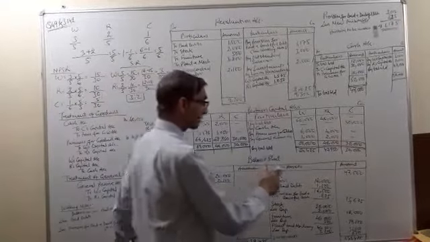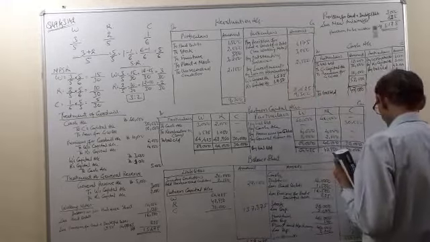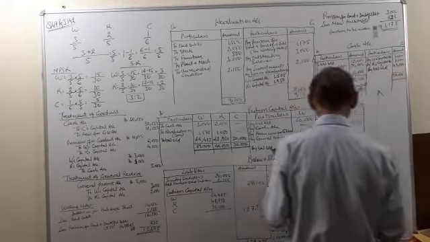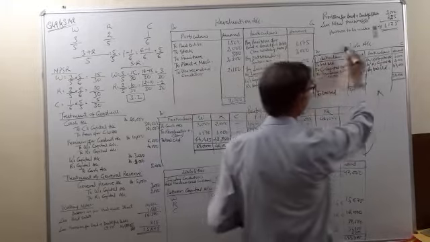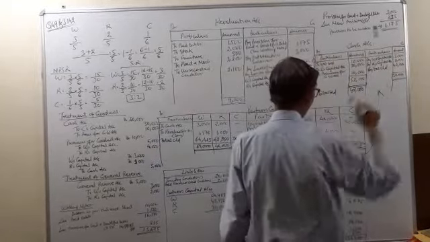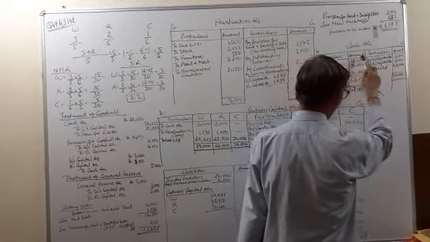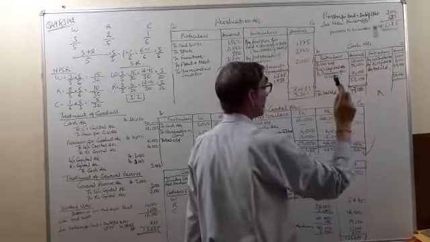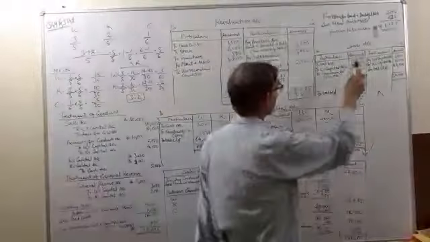Then after this, the next step will be the preparation of the cash account. I have left space for preparing the balance sheet and prepared the cash account in this small blank space. So cash account, particulars, amount. The opening balance of cash given in the balance sheet is rupees 12,000.